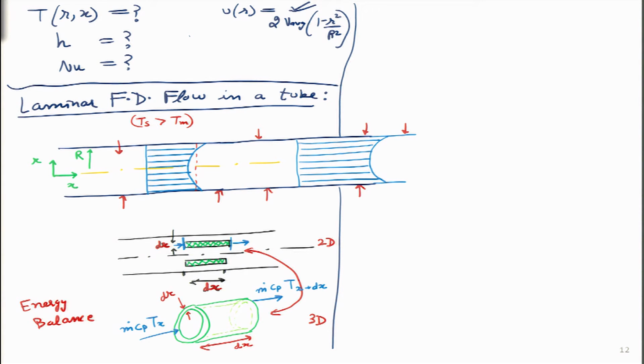In addition to that, heat transfer is taking place across the cylinder as well, which means along the radial direction over here. Because the radius is r plus dr, I will write it as q dot r plus dr, and this small arrow over here I will write as q dot r, that is this part.